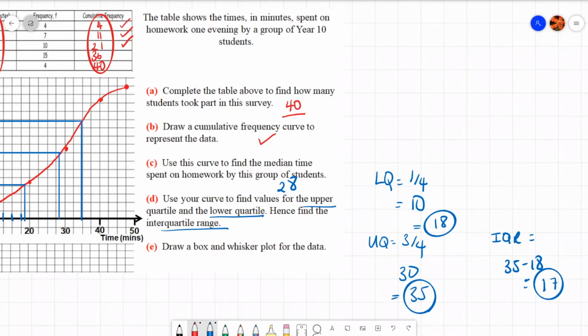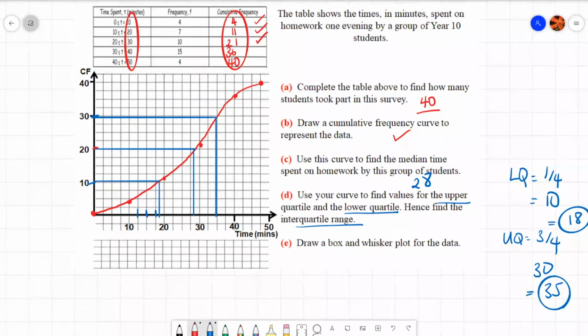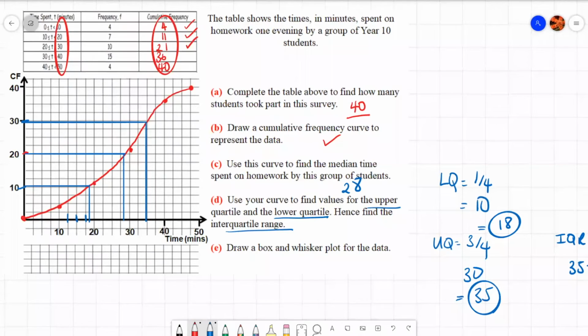Okay, 17 minutes. Now the final thing it asks you to do is draw a box and whisker plot for the data. I'm just going to use this axis here for my box and whisker plot. So my lowest time can be 0. That's 0, isn't it? My highest time I know is 40. 40 is here.